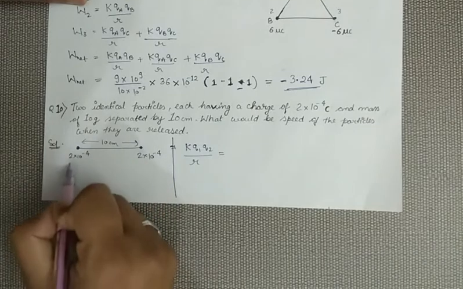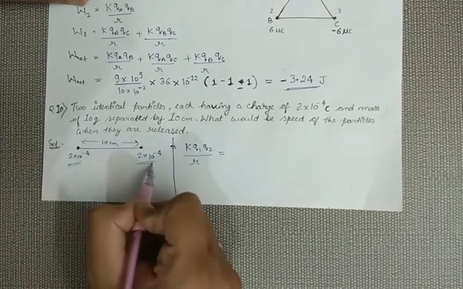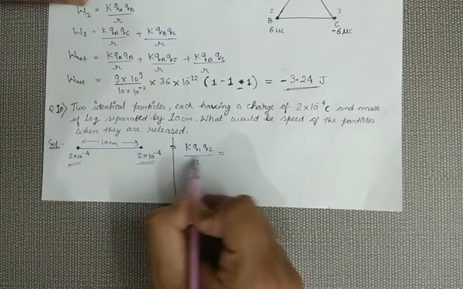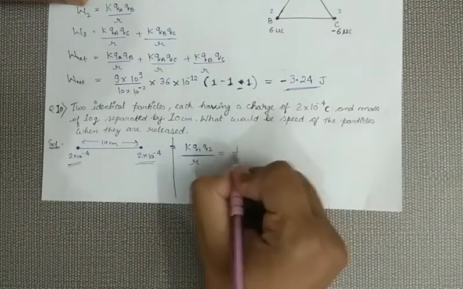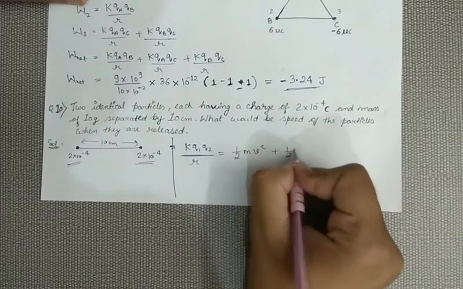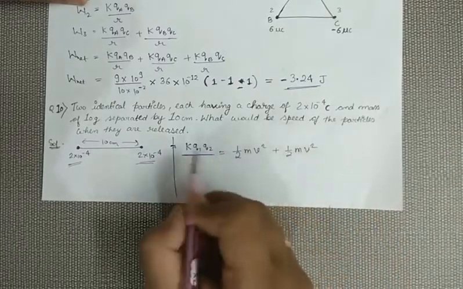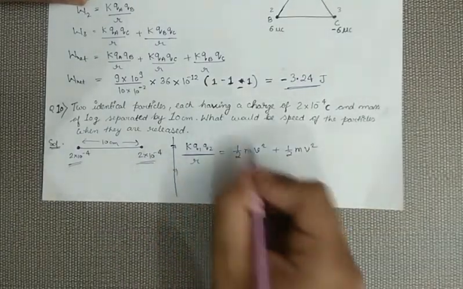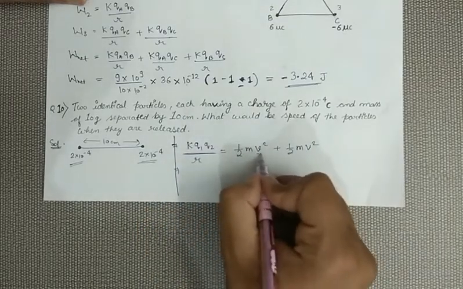So the kinetic energy of the first plus kinetic energy of the second, adding these two, will be equal to total potential energy. The first kinetic energy is half mv square and the second one is also half mv square because they both have the same mass. So you will just simplify it. We have all the quantities except velocity.